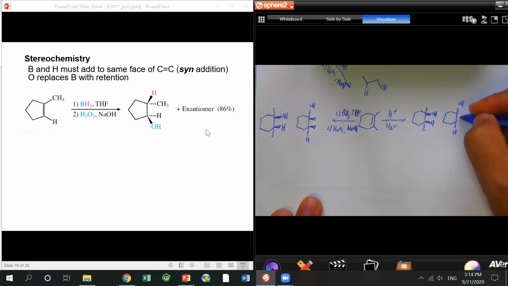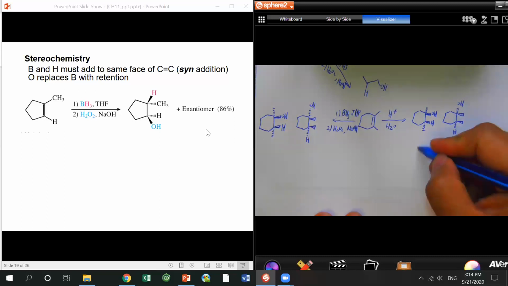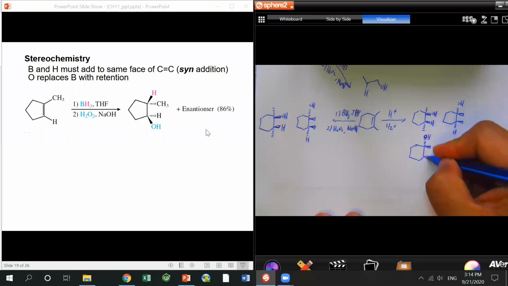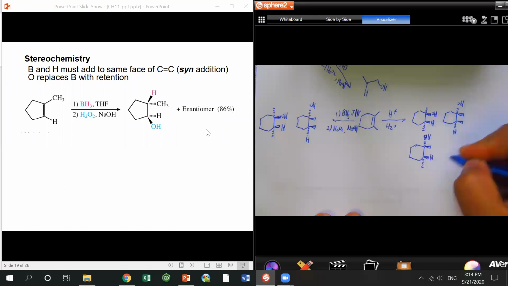That is the syn addition, and the anti-addition I draw here. For anti, you can also have two: one with the OH on a dash bond and the hydrogen on a wedge bond, and another with the OH on a wedge bond and the hydrogen on a dash bond. Those are all the possibilities.